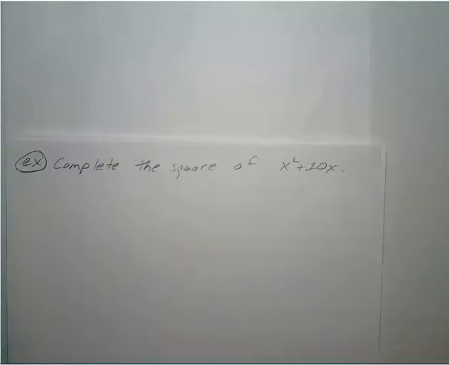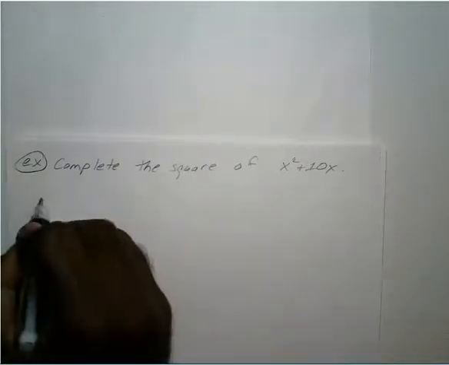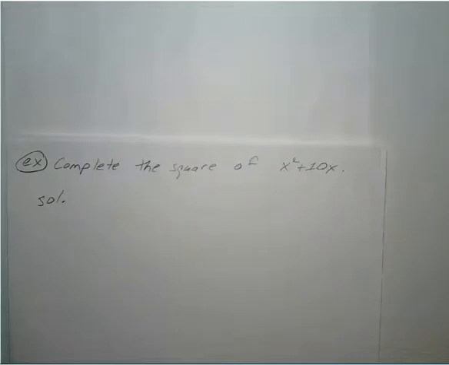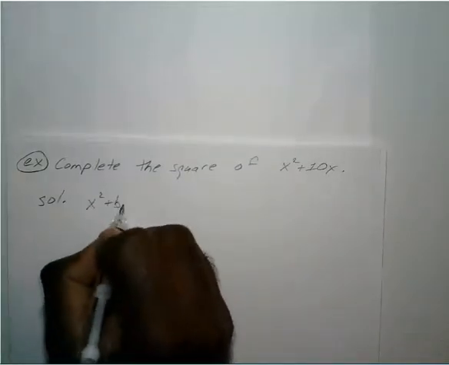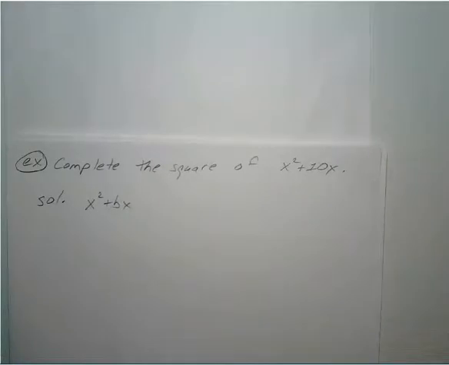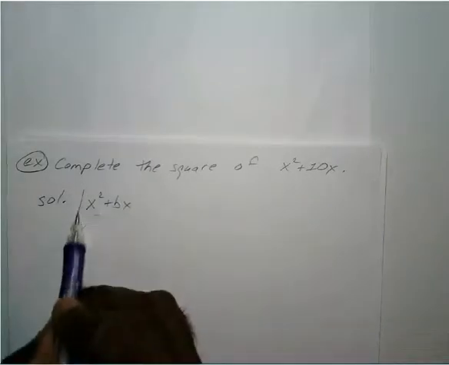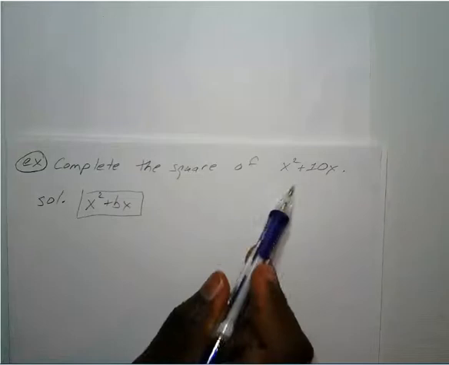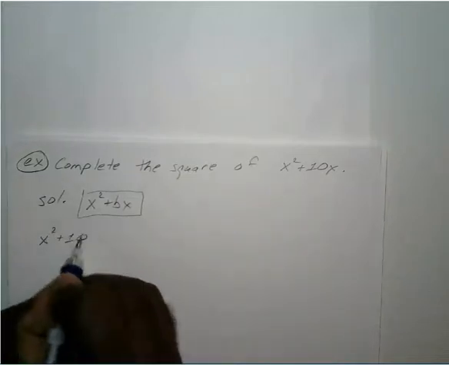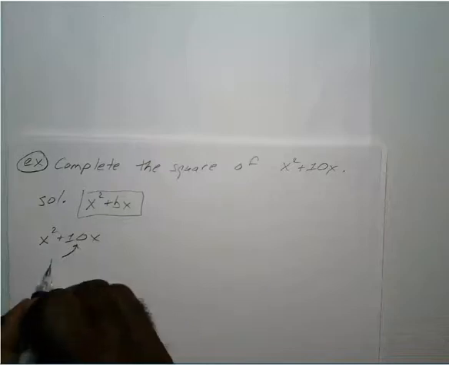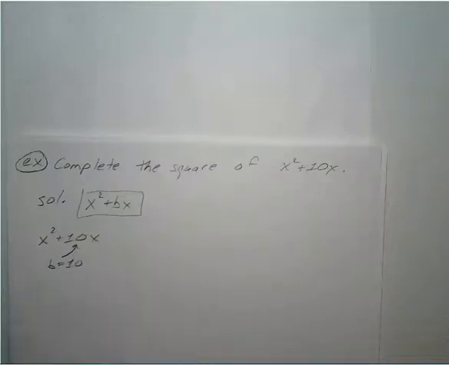Remember, it has to be in the form x squared plus bx for us to complete the square. So with x squared plus 10x, we see that b is equal to 10.